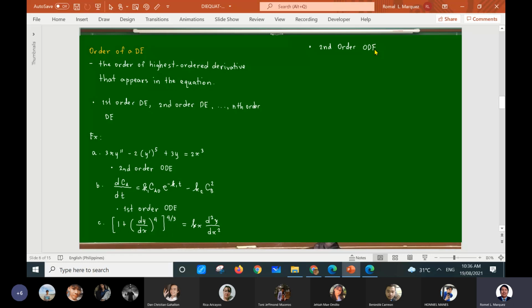Letter D. We have x with three dots on top, meaning third derivative, minus 5 x with one dot is equal to sine t minus x. What about this? Third order, right?